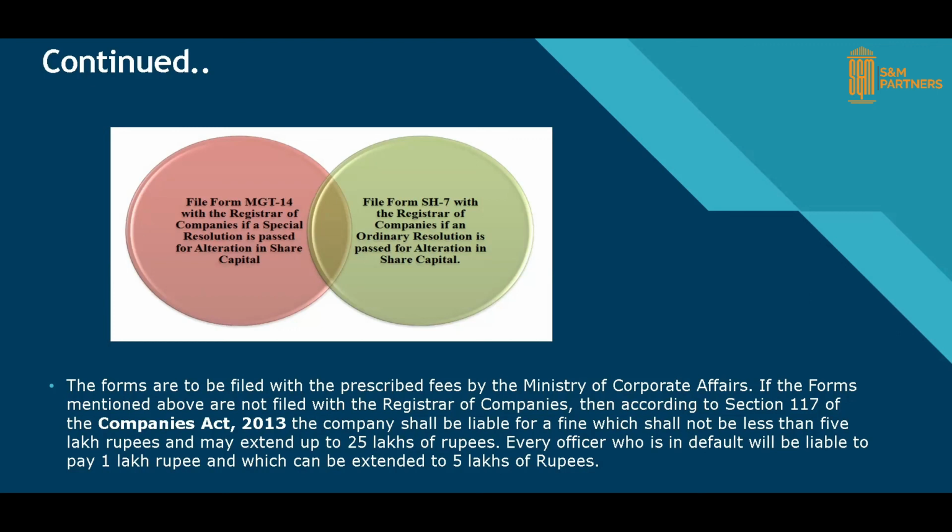If you fail to file these two forms accordingly as per your resolution with the registrar of companies, then such a company under section 117 of the Companies Act is liable for a fine which shall not be less than 5 lakh rupees, meaning 5 lakh is the minimum amount, but it will extend up to 25 lakh rupees.